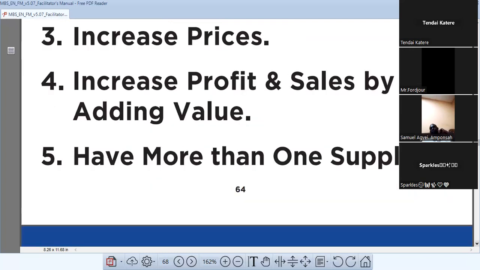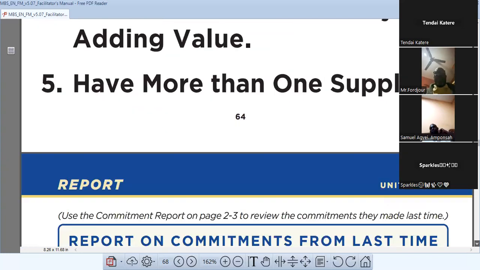By doing that, he managed to increase his price of goods. He also put some tables and chairs in his place. Because of that, he was always adding value to his product or service. So the next thing, we need to increase profit and sales by adding value.